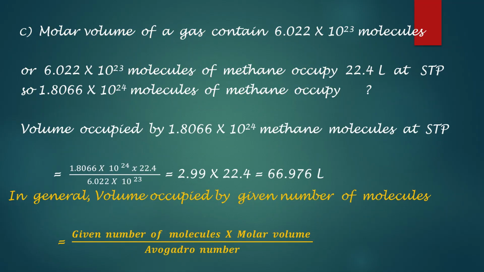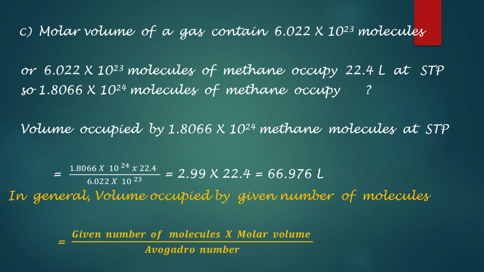So we know that molar volume of gas contain 6.022 into 10 power of 23 molecules, or 6.022 into 10 power of 23 molecules of methane occupy 22.4 liter at STP. Okay. Therefore 1.8066 into 10 power of 24 molecules of methane occupy how much volume? Okay.